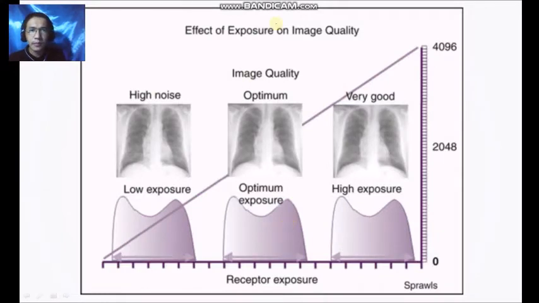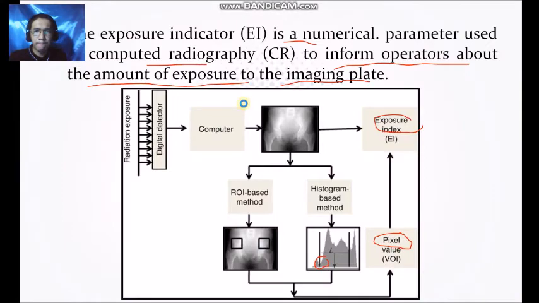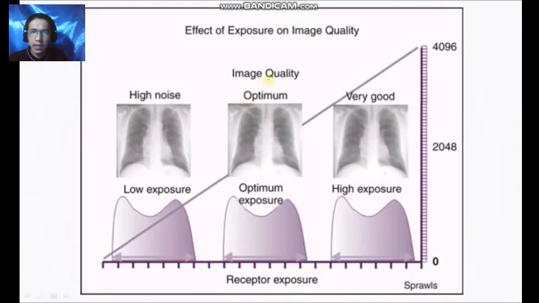Okay, so next we have the automatic scaling system. What is the effect of exposure on image quality? Because of automatic scaling, sometimes we do not see the original image right after processing, even if the image is too bright.